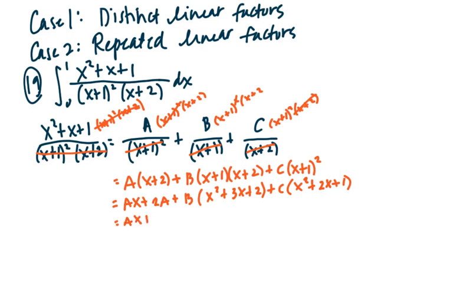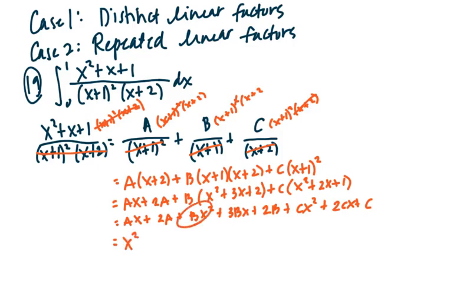So we have Ax plus 2A plus Bx squared plus 3Bx plus 2B plus Cx squared plus 2Cx plus C. So we're going to factor out our x squareds. Here I have an x squared, and here I have an x squared. So I have B plus C.